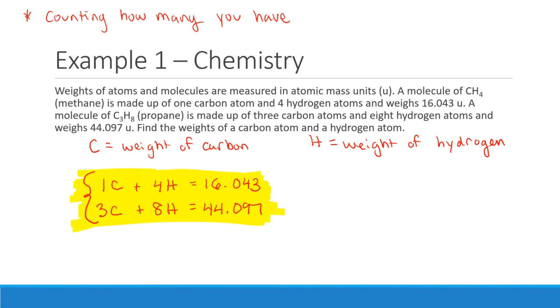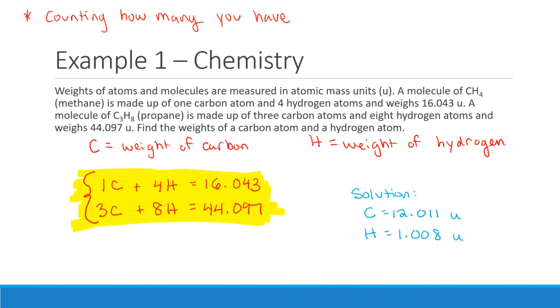So if you go and solve this particular system, you will end up with C equal to 12.011 atomic mass units, and then H is 1.008 atomic mass units. So when you solve, those are the numbers you should get. And if you don't get that when you solve this on your own, then there's probably an error somewhere in your math, maybe the method you used.